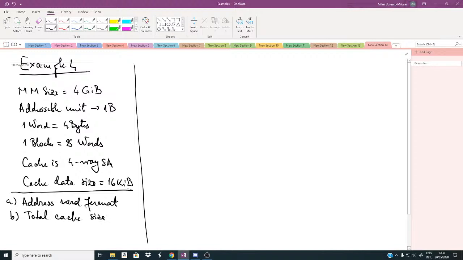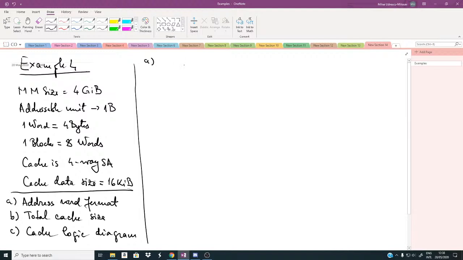We will see about that in just a few seconds. And C, the cache logic diagram. Now let's address the first point, A.